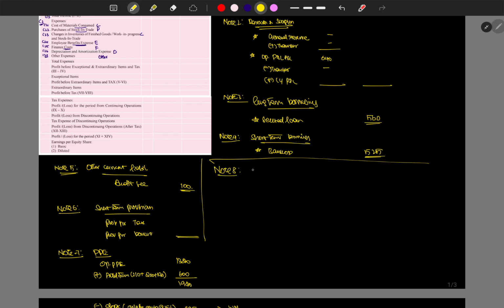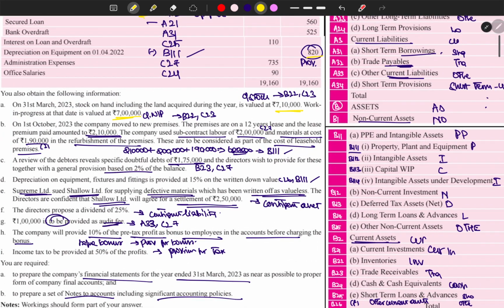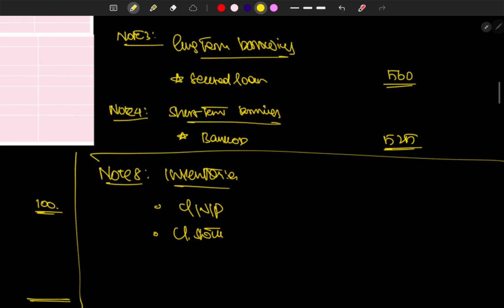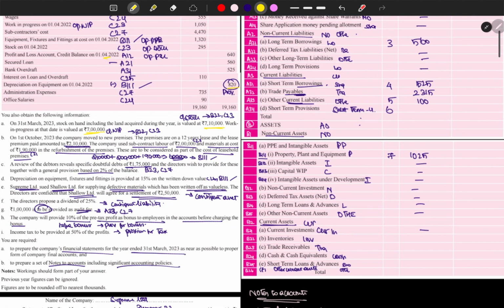Note 8, inventories: closing WIP, closing stock, which is 7,10,000, 7 lakh, right? 710, total 1410. Okay, that's it. B22 is over.